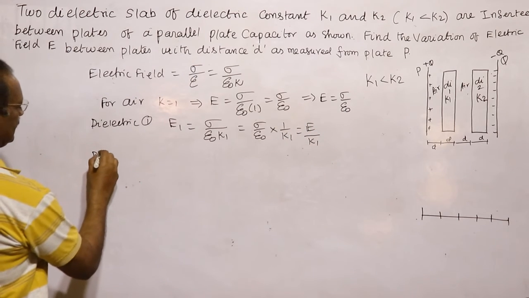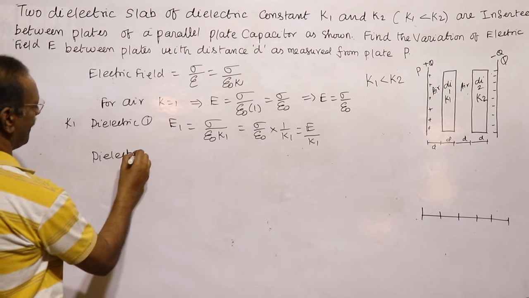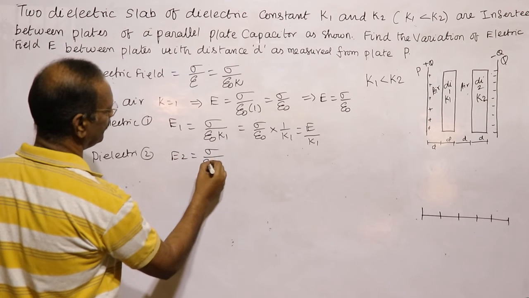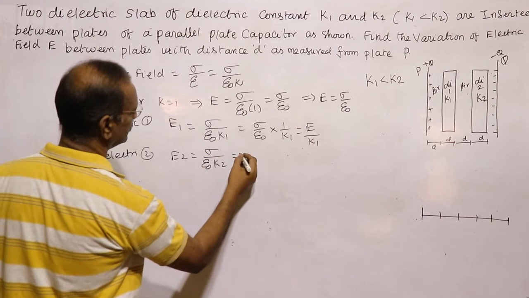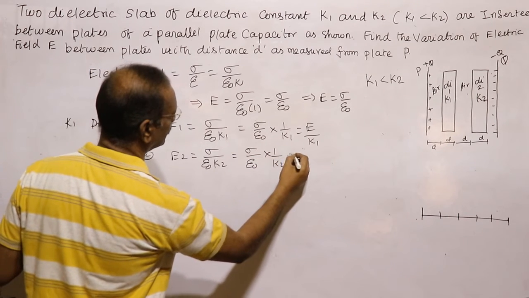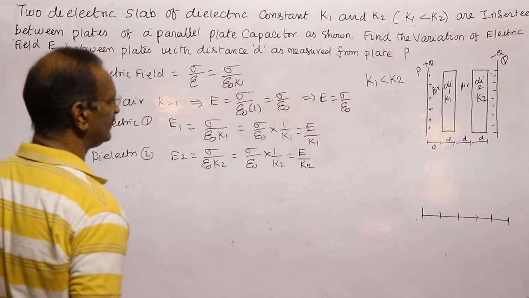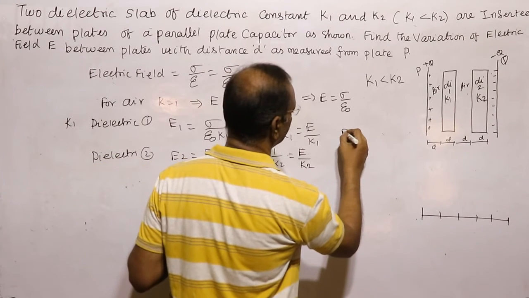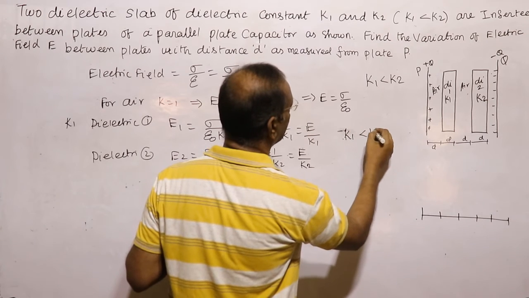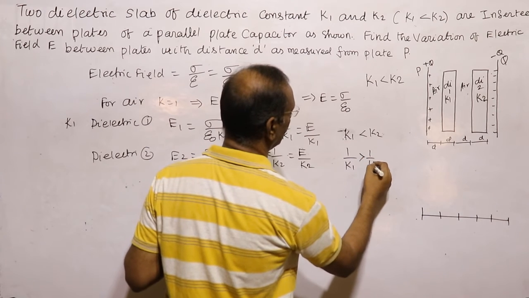Similarly, for dielectric 2, E2 is equal to sigma by epsilon naught into K2, which is E by K2. Now as it is given, K1 is less than K2, that is 1 by K1 is greater than 1 by K2.